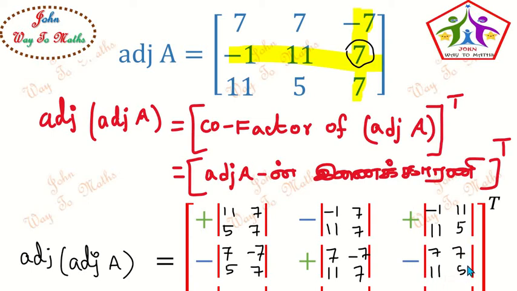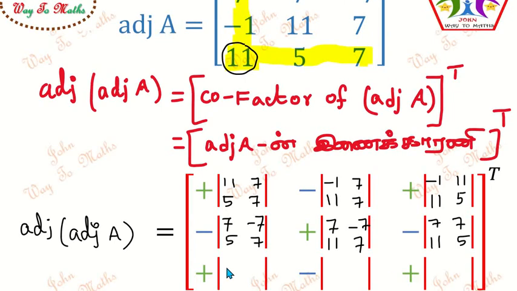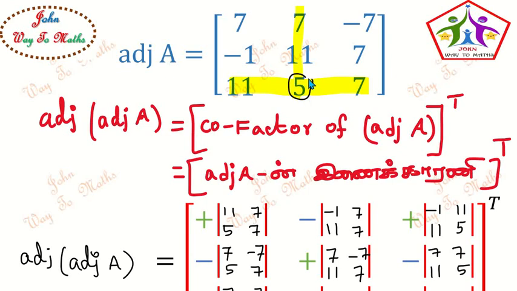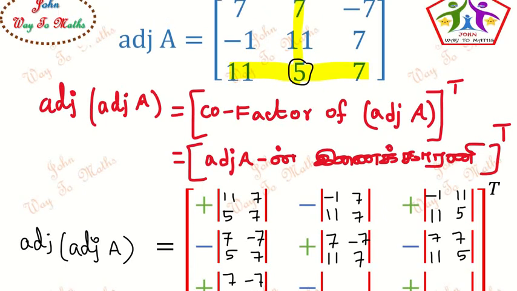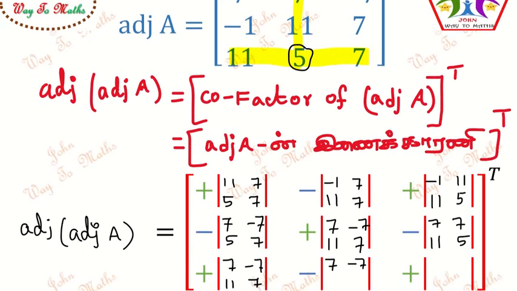Then for the last row first element, 11, the cofactor is 7, minus 7, 7, minus 7. Last row second element, 5, after deleting its row and column, the remaining is 7, minus 7, minus 1, 7.